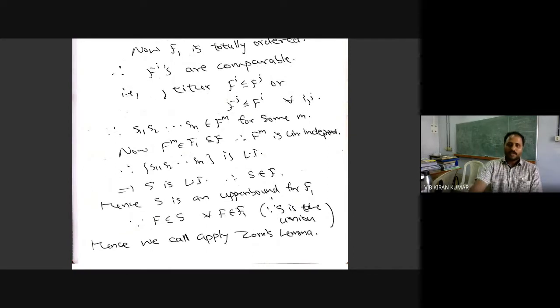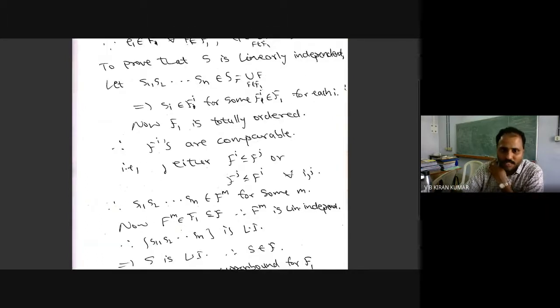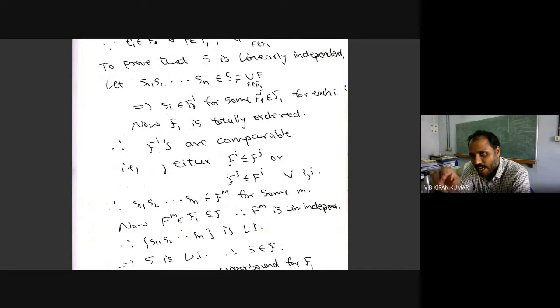So, are you okay with the proof? I just proved that S belongs to F. Are you convinced with that? Very simple. We have finitely many elements in this union. The sets in the union are comparable. So for F1 and F2, either F1 is contained in F2 or F2 is contained in F1.